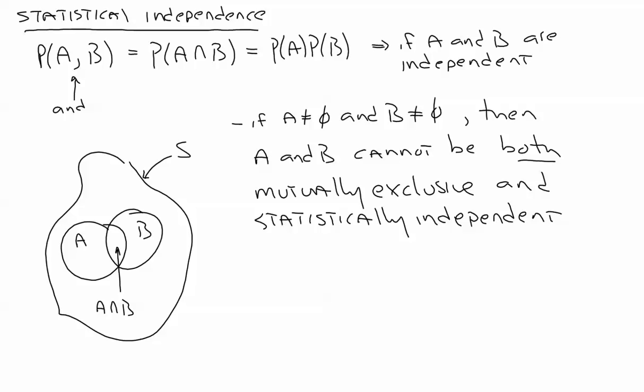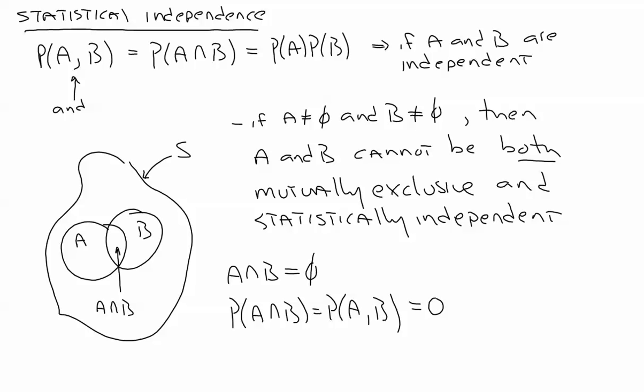You'll recall that being mutually exclusive implies that A intersect B equals the empty set, or the probability of A intersect B, the probability of A and B occurring simultaneously, equals 0. So these two pieces at the bottom of the board are what are meant by being mutually exclusive.